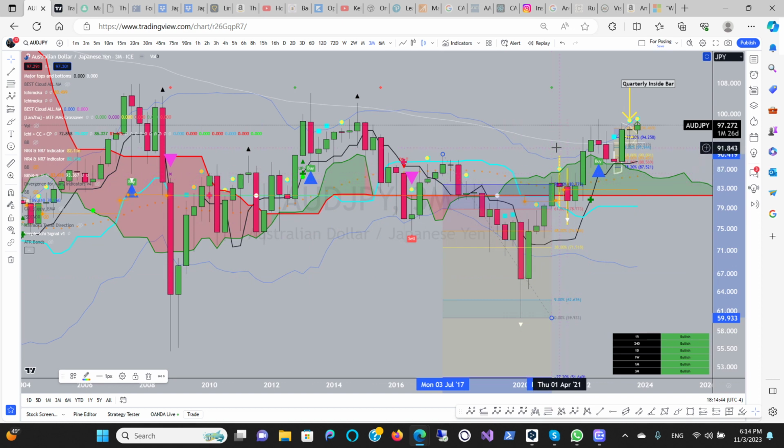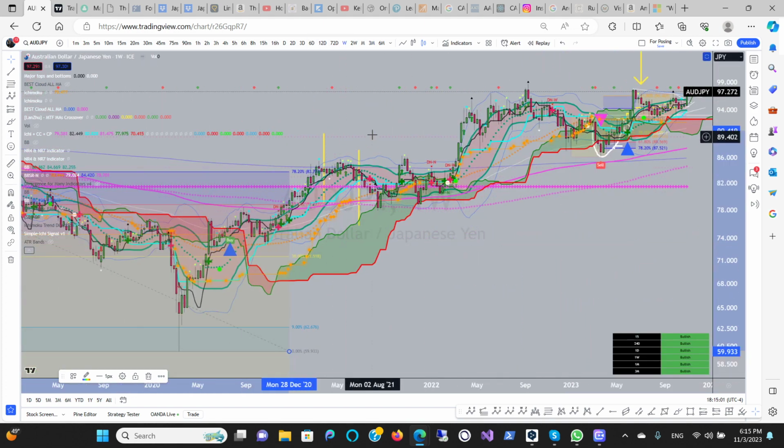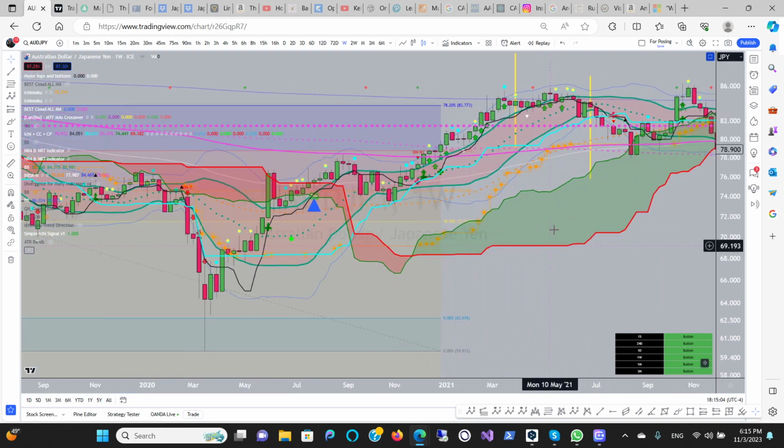So April 2021 was the beginning of the quarter, and the end of that bar was around July 2021. So let's go to the weekly chart, see what we see in 2021, which is right here.